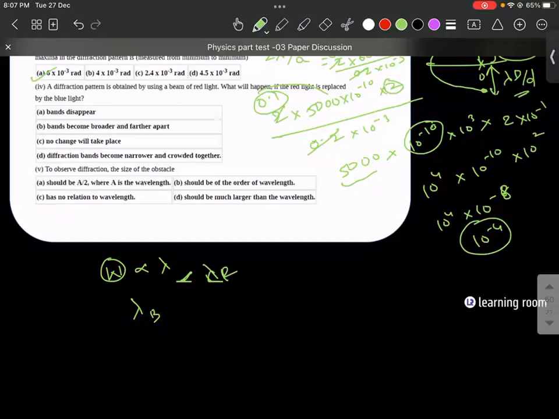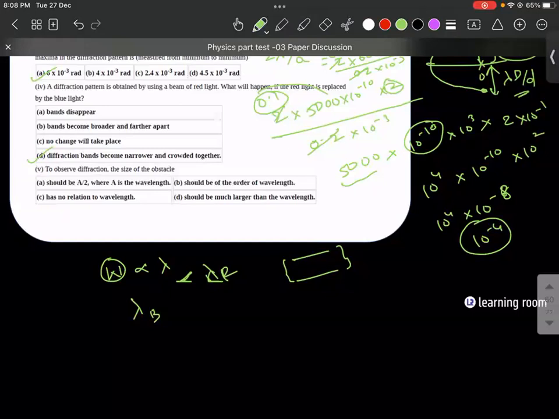Decreases. Which one is the right option? Fringe width decreases, so the bands will be closer. Band will disappear? Look at the fourth option. Diffraction bands become narrower and they become crowded. Yeah, okay. Got it?